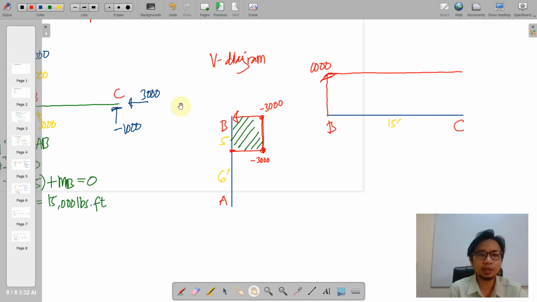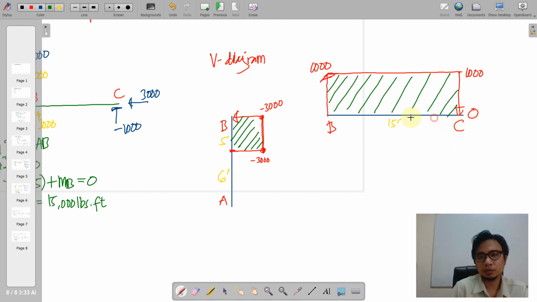If we have a positive or going upwards, we will just add but carry the sign. So adding and carrying the sign, 1,000 minus 1,000 is equal to 0 here. So it will yield your shear diagram to 0.